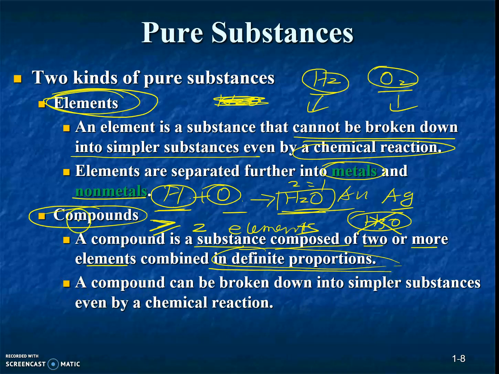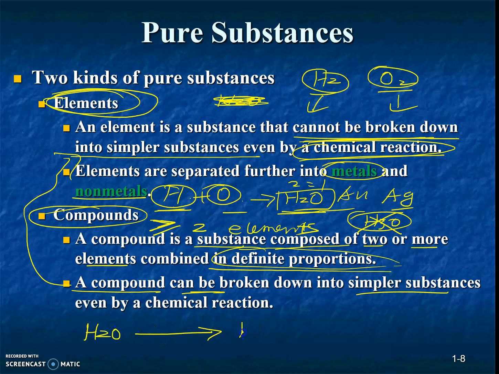Compared to an element, which cannot be broken down even by a chemical reaction, a compound can be broken down into simpler substances. For example, we already know water is a compound. Water can be broken down into hydrogen and oxygen gas by electrolysis.